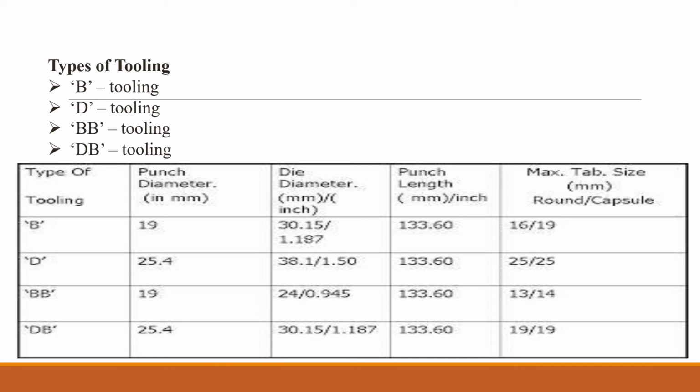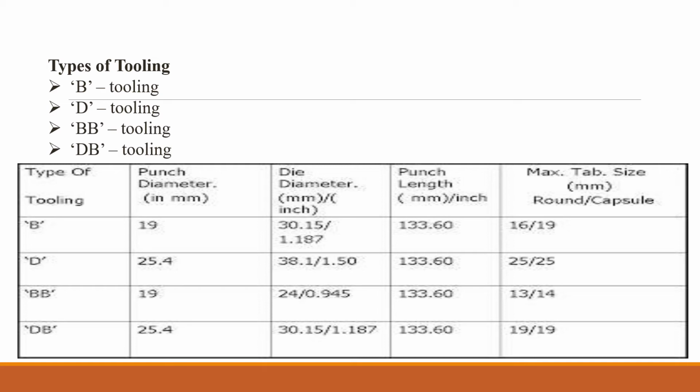Coming to type B, here punch diameter is 19 mm, die diameter is 30.15 mm, divided by 1.187 inch, and punch length is 133.60 mm per inch. Next, maximum tablet size should be around capsule, etc.